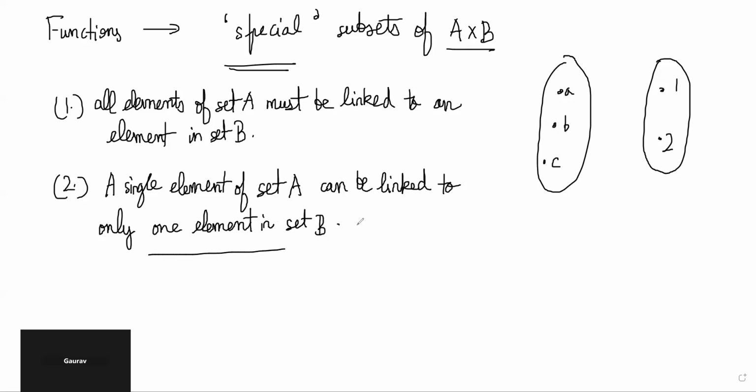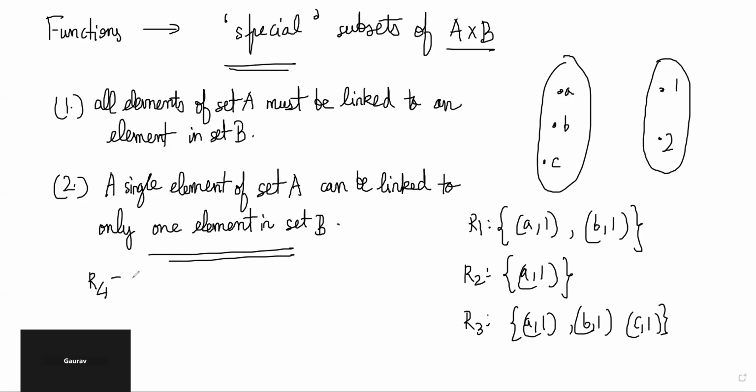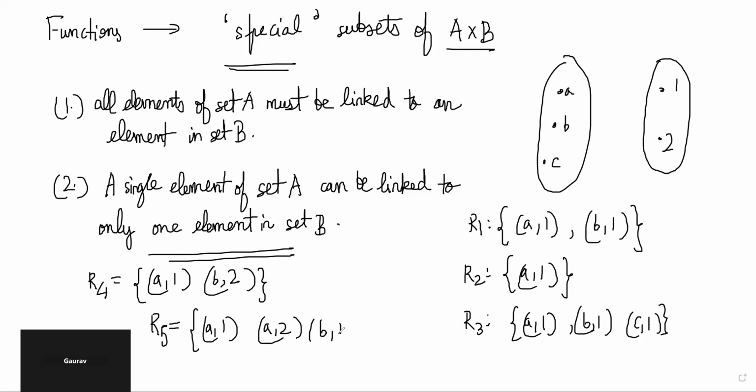Yes, sir. So remember that when we try to make relations, we were taking any subsets, right? This was one subset. We can make another subset like this, simply this. Another subset could be A1, B1, C1. Another subset could be A1, B2. Another subset could be A1, A2, B1.